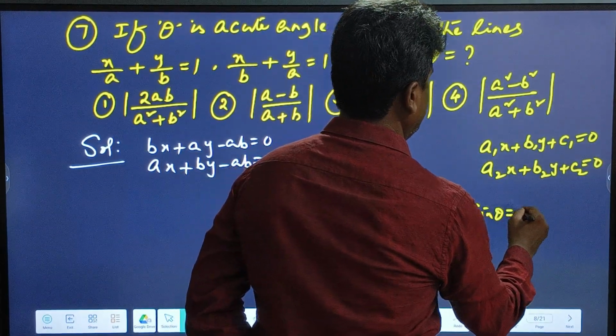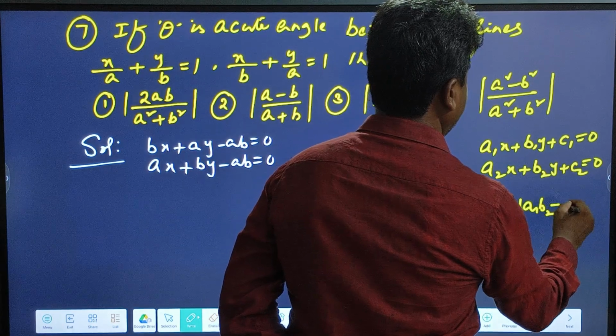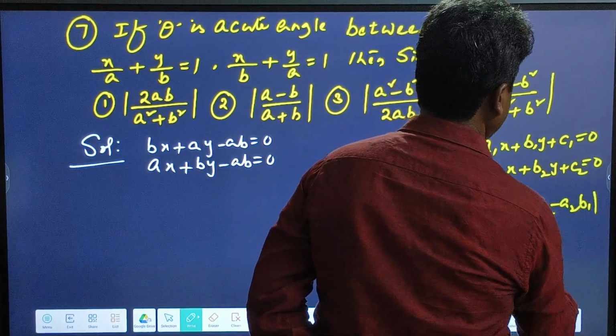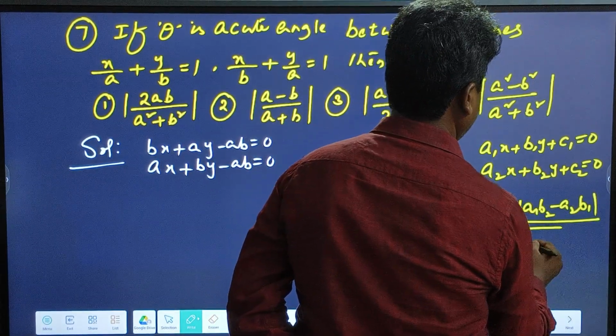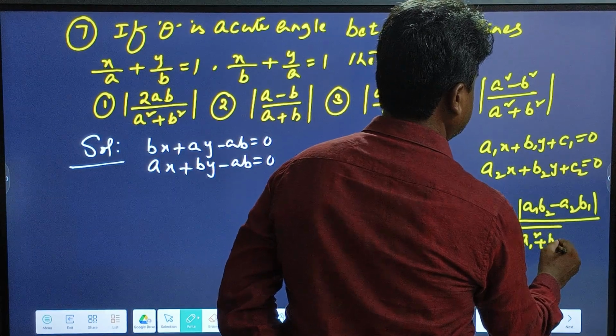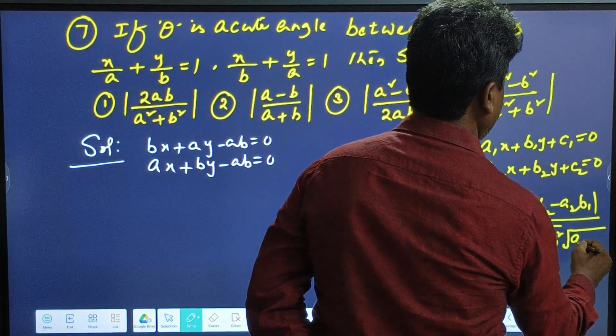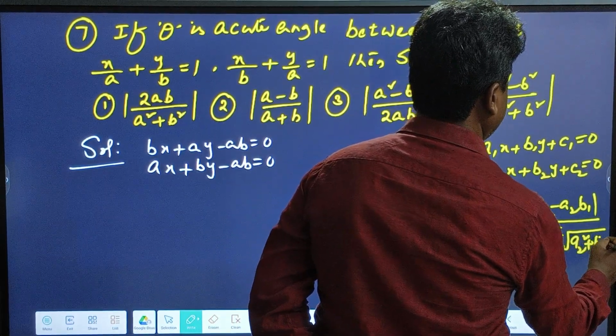Sin theta will be modulus of a1 b2 minus a2 b1 by under root of a1 square plus b1 square, under root of a2 square plus b2 square.